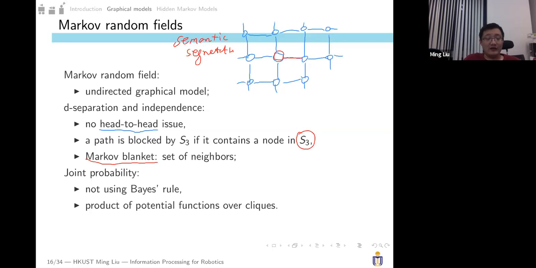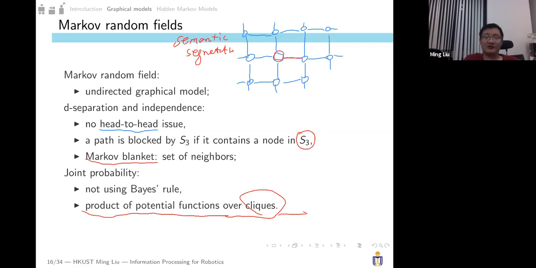Okay, and also the joint probability is not easy to use a Bayes rule. Typically, we use a product of potential functions over the cliques. So this is the overall introduction. Later, we will go into the examples and how we do the computation of MRF.